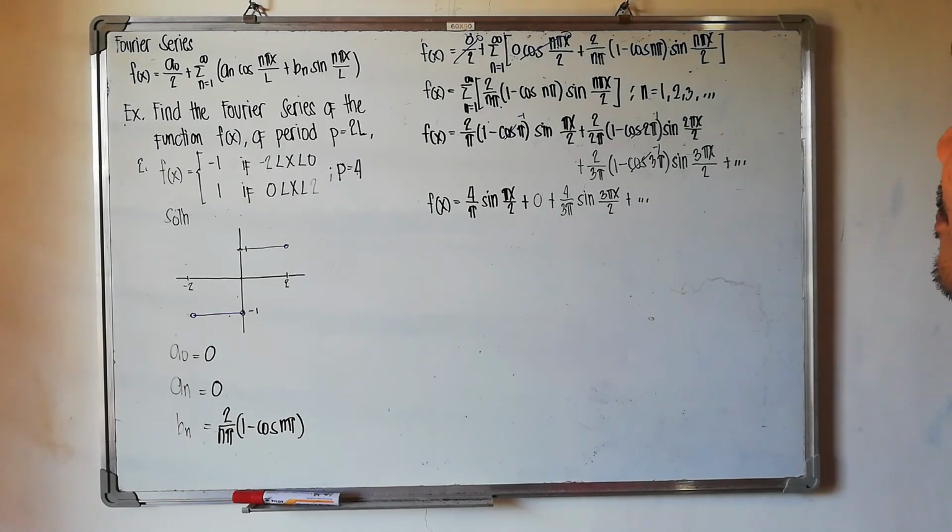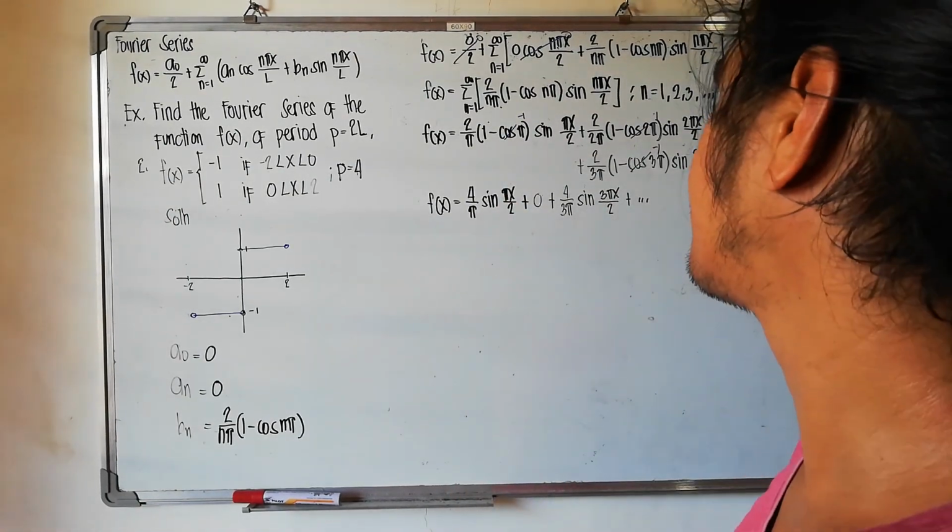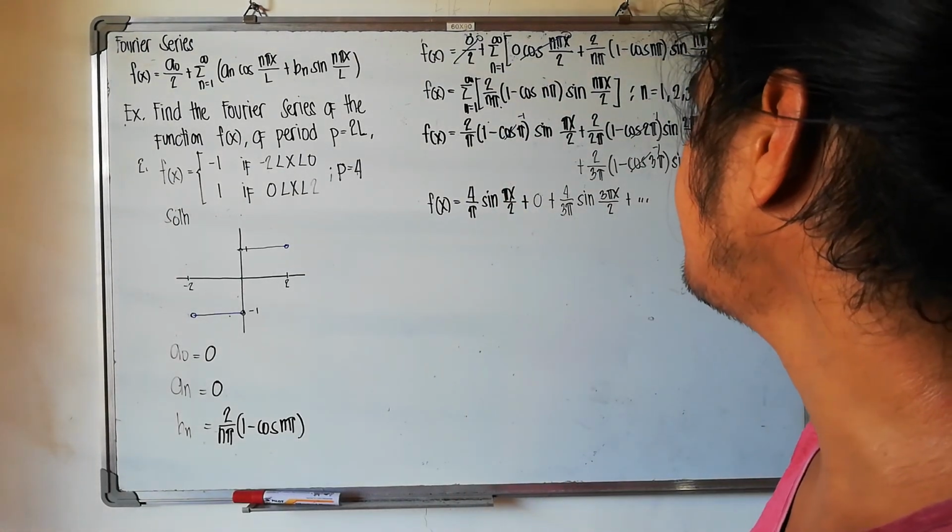So simplify. So the common will be 4 over pi. So factor out 4 over pi.